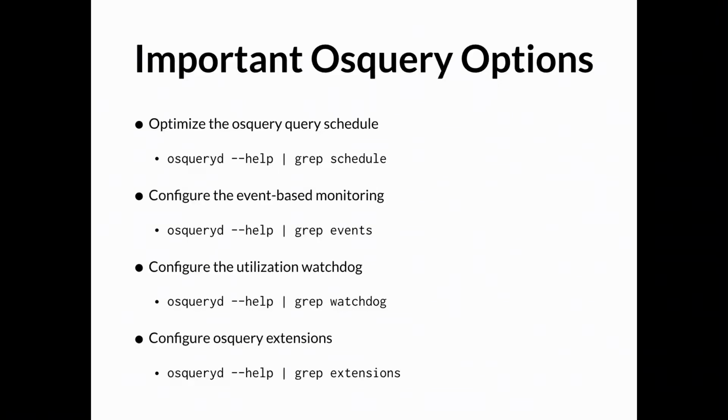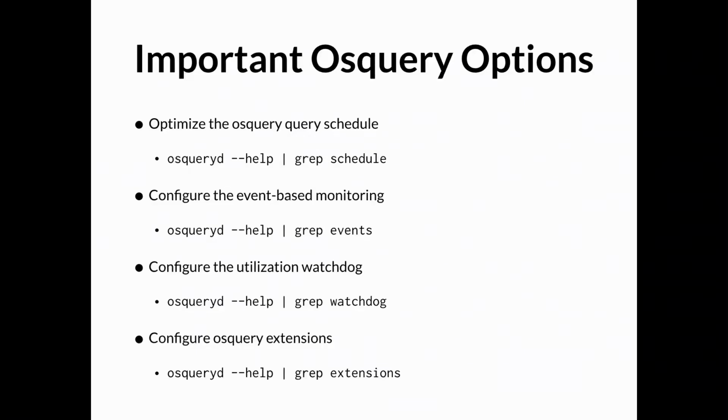So if you want to enable and configure various aspects of that subsystem, the options are there. There's also the watchdog, which I'll talk about more in a few minutes when I talk about safety features in OSQuery, which becomes pretty important in production.